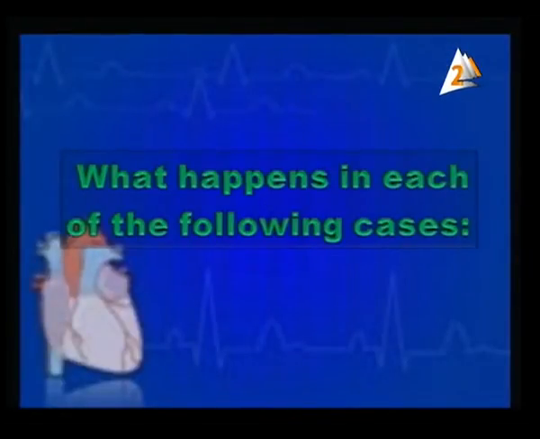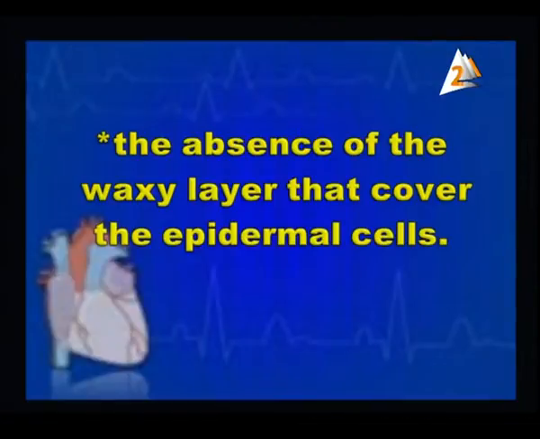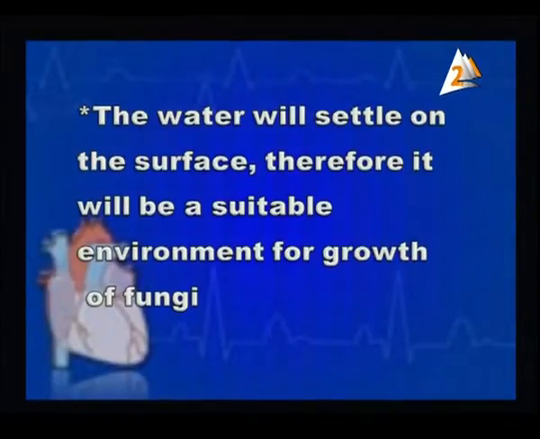What happens in each of the following cases? First case, the absence of the waxy layer. The water will settle on the surface of the epidermal cells because there is no waxy layer or cuticle on it.